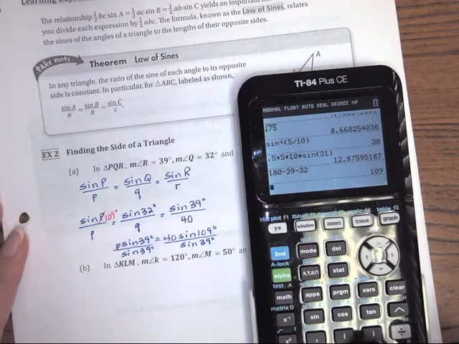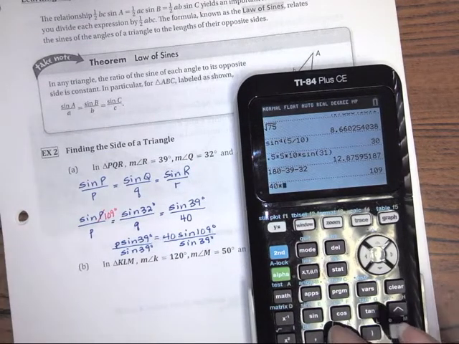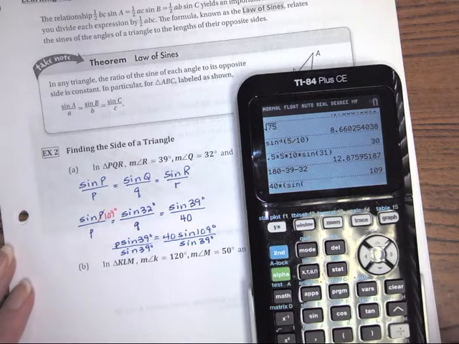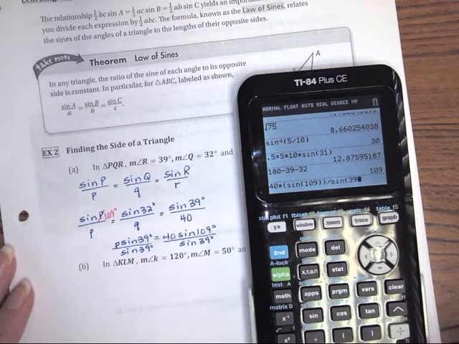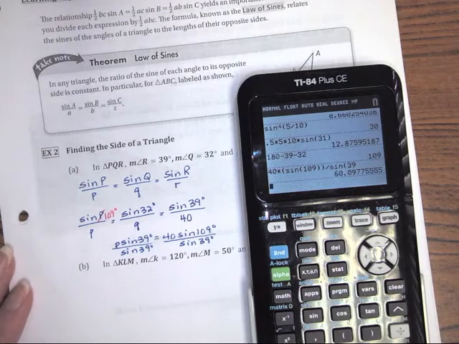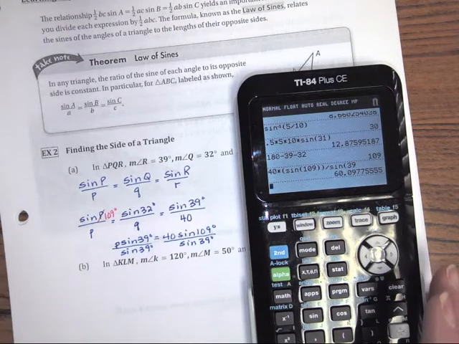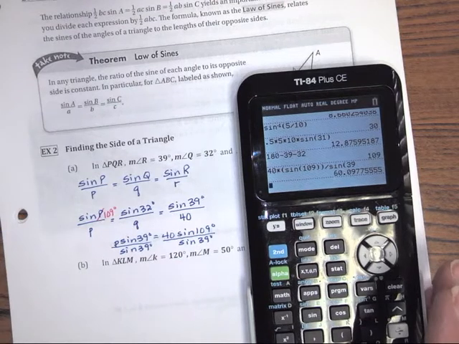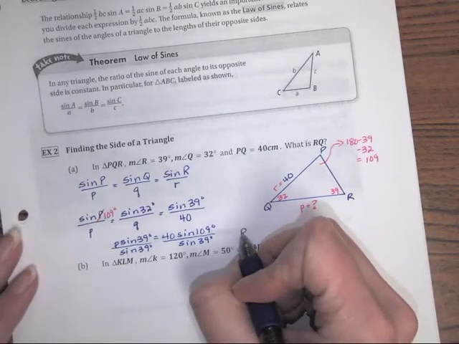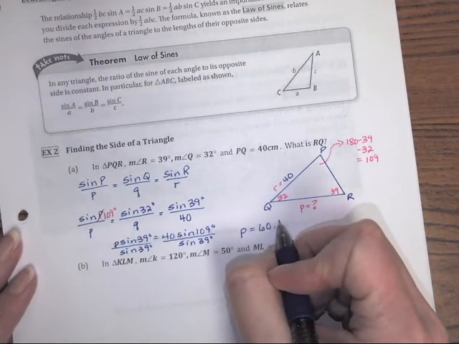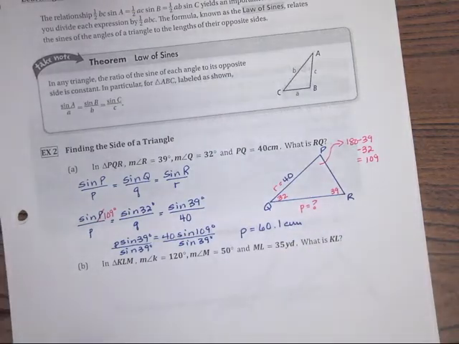Calculator. 40 times parentheses sine 109 divided by sine 39. 60.1. Make sense? 60.1 centimeters. Sound good? That's all there is to this.